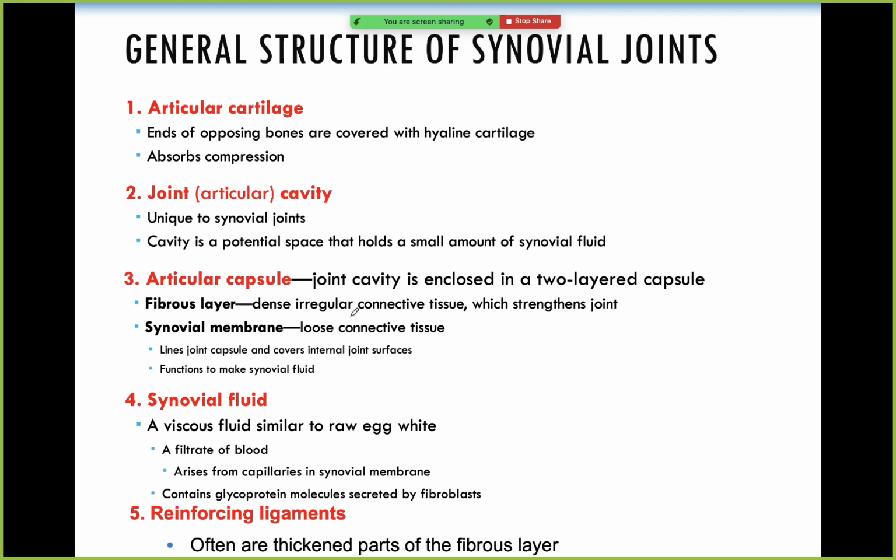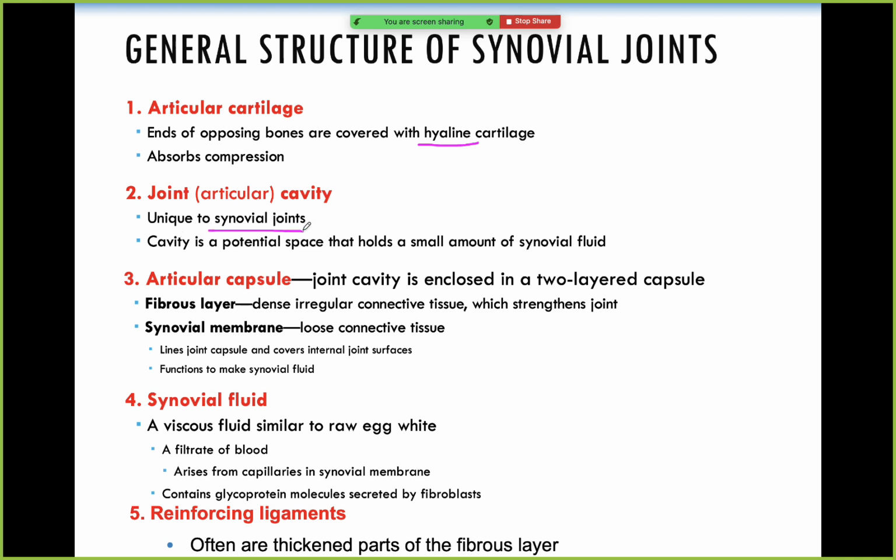Now, what is the function of these? Well, let's start with the articular cartilage. The cartilage is going to cover each side of the bone that you have, and the point of the cartilage is to absorb compression, and really it's also there to prevent bone-on-bone grinding. And the type of cartilage it is made of is hyaline cartilage. The joint cavity, which is the open space in between the joint, is really what's unique to synovial joints.